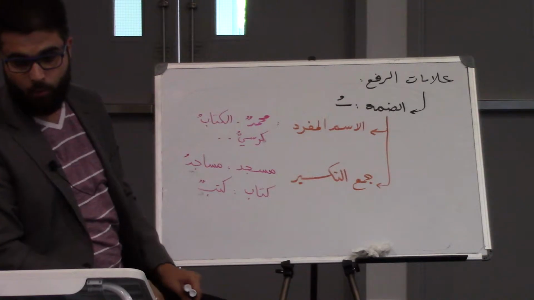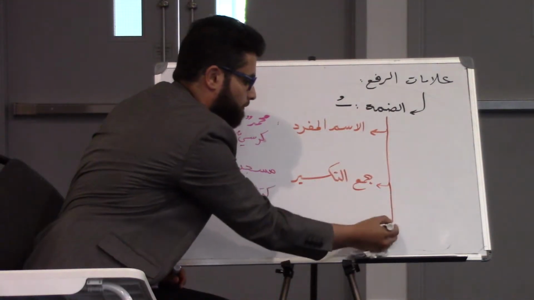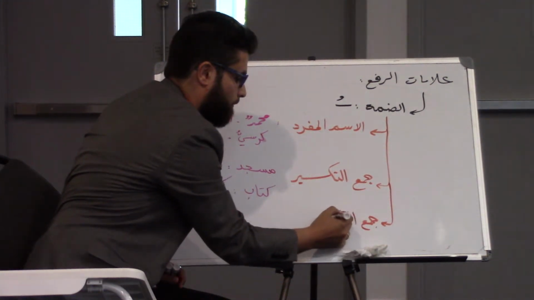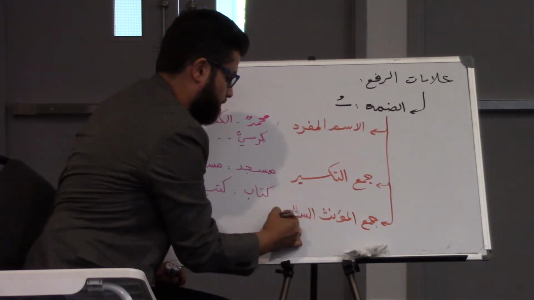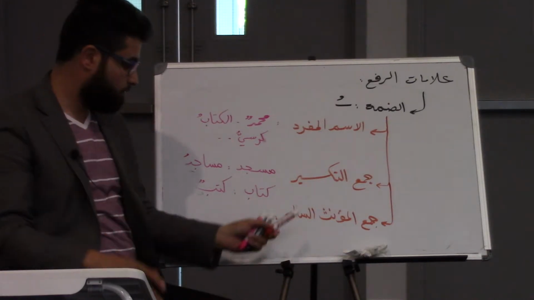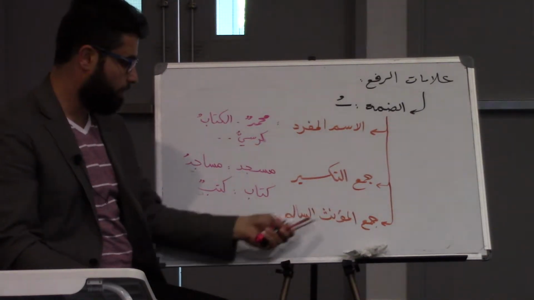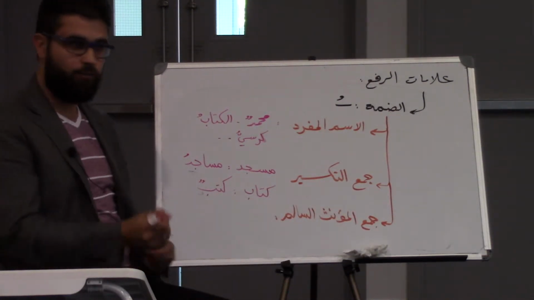The third, جمع المؤنث السالم. Number 3, جمع المؤنث السالم. So the sound feminine plural. So example, I gave you 2 examples a second ago.